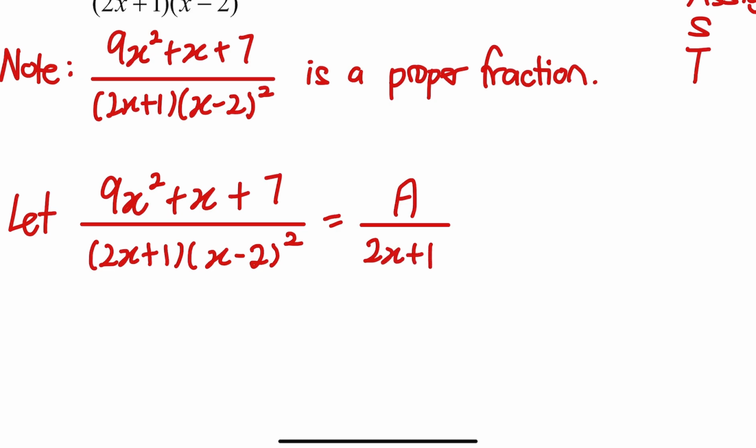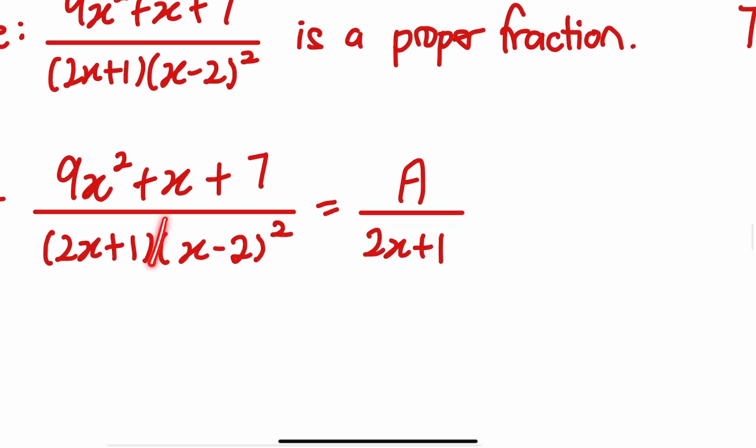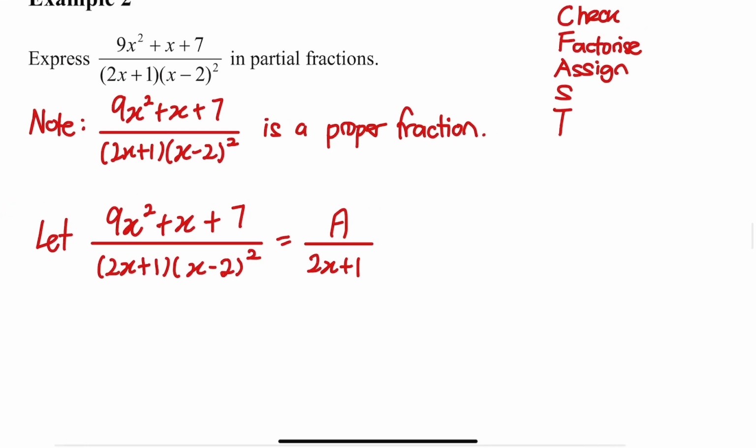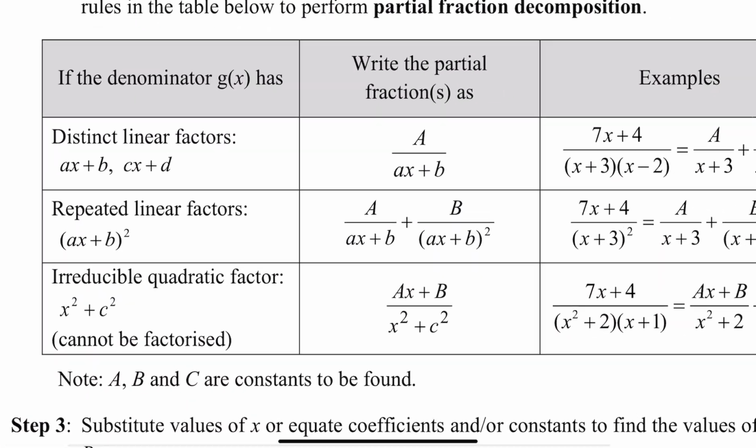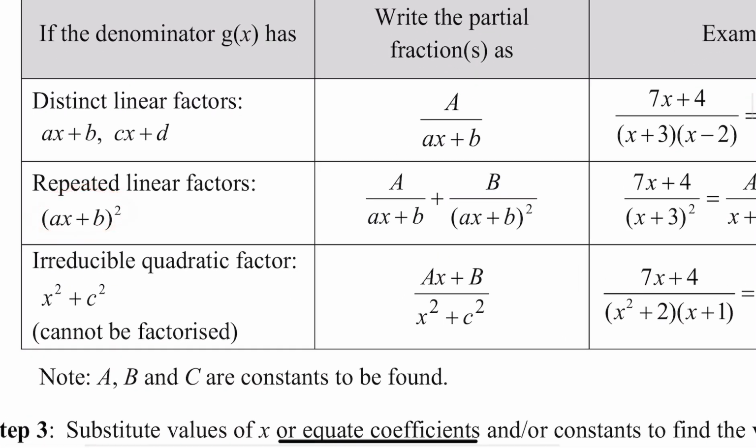Next one, if I look at this thing here, x minus 2 the whole thing square, this is a repeated linear factor. So if you go back to your table over here, the table says if I have a repeated linear factor, the partial fractions will be written in this form.